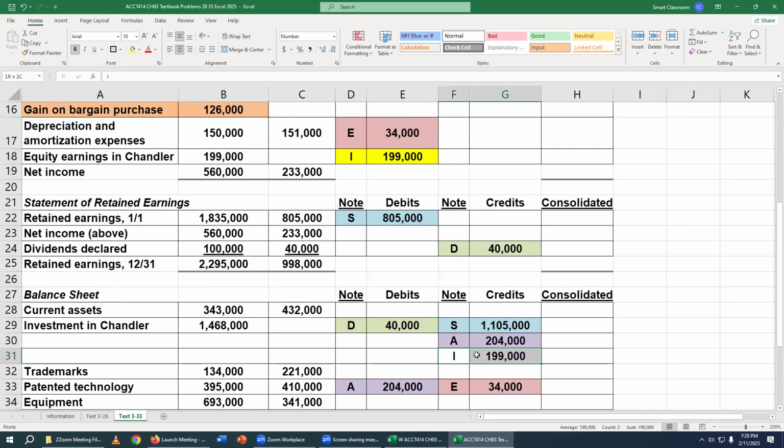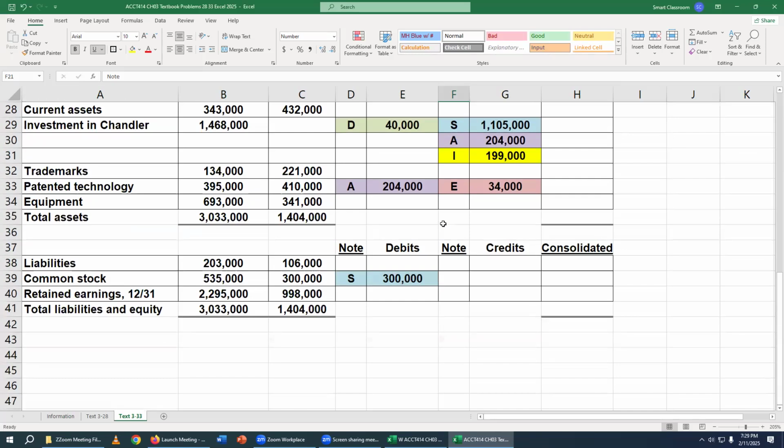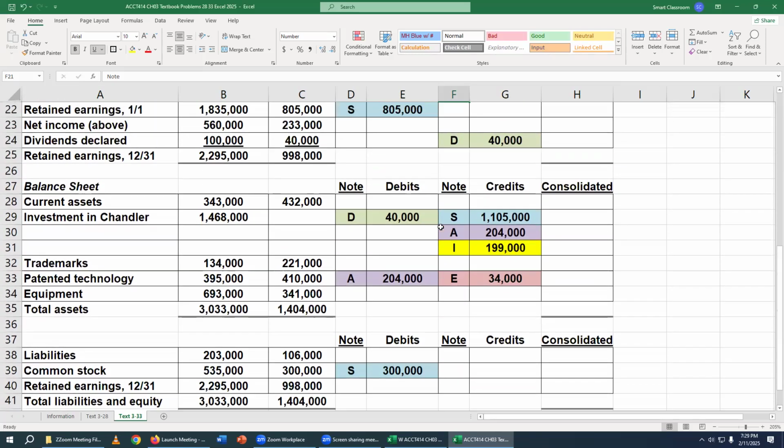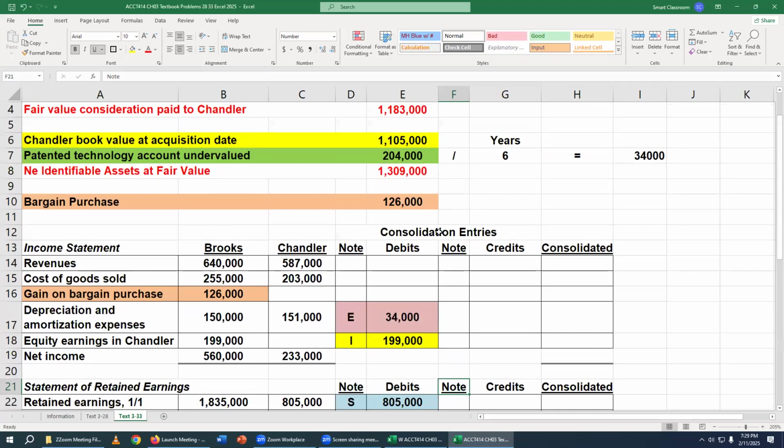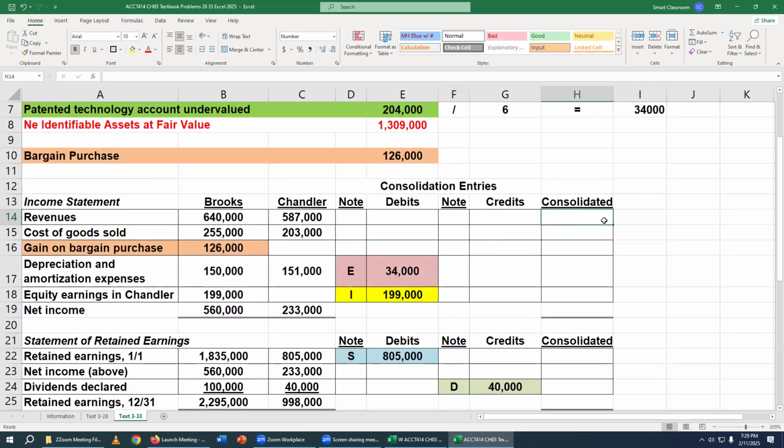Okay. I think we're done with those. Well, let's start moving them across. Okay, be careful on this one, the bargain purchase, because this is not a negative.